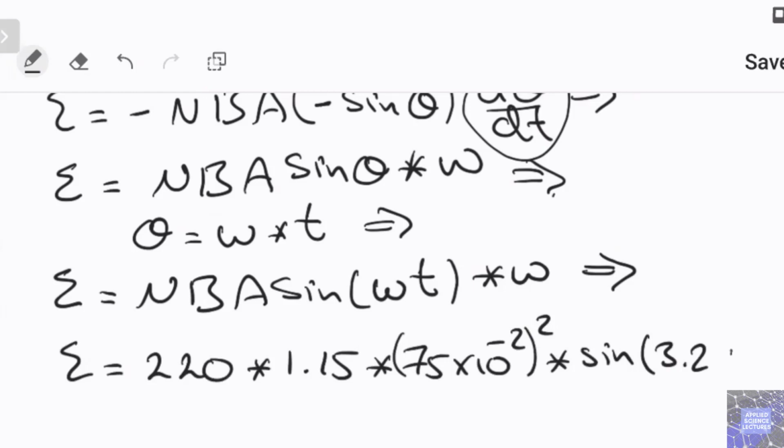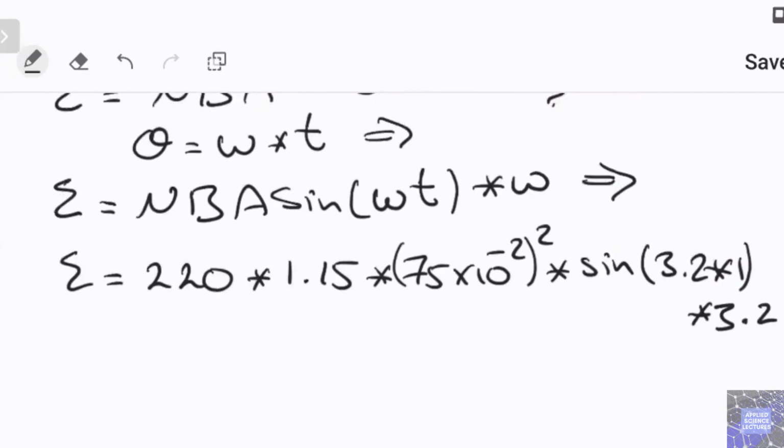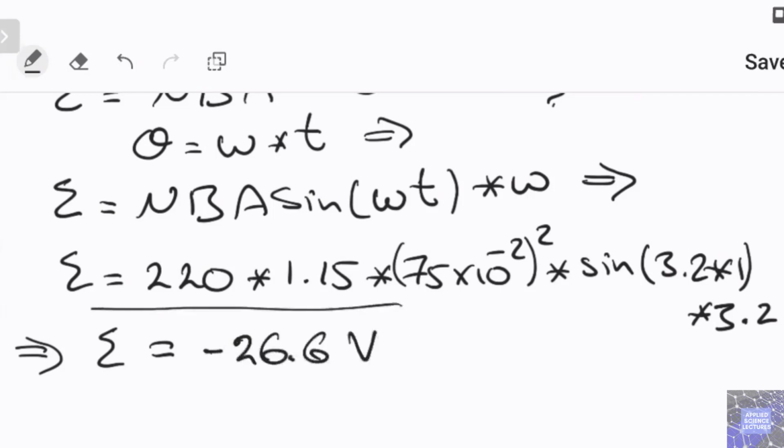We are evaluating it at 1 second times 3.2, and this gives electromotive force to be minus 26.6 volts.